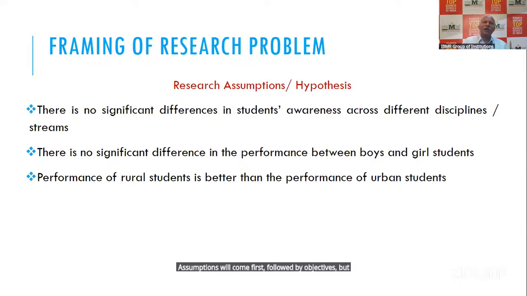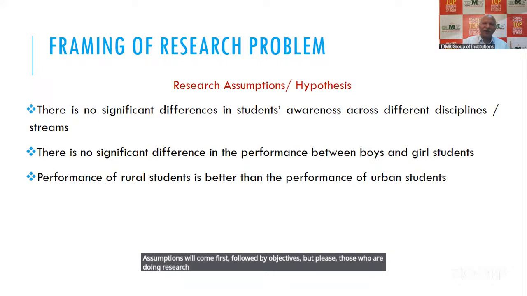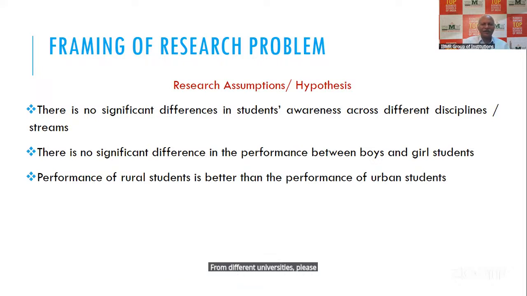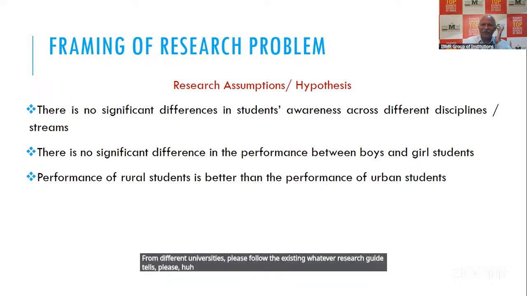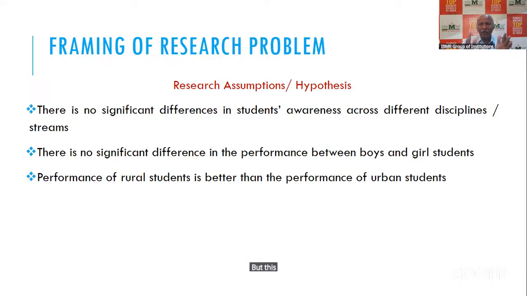But please, those who are doing research in different universities, please follow whatever the research guide tells. But this is the appropriate, proper way. Once assumptions are made, then to prove or disprove the assumptions, I set an objective. For achieving the objectives, I set research assumptions.